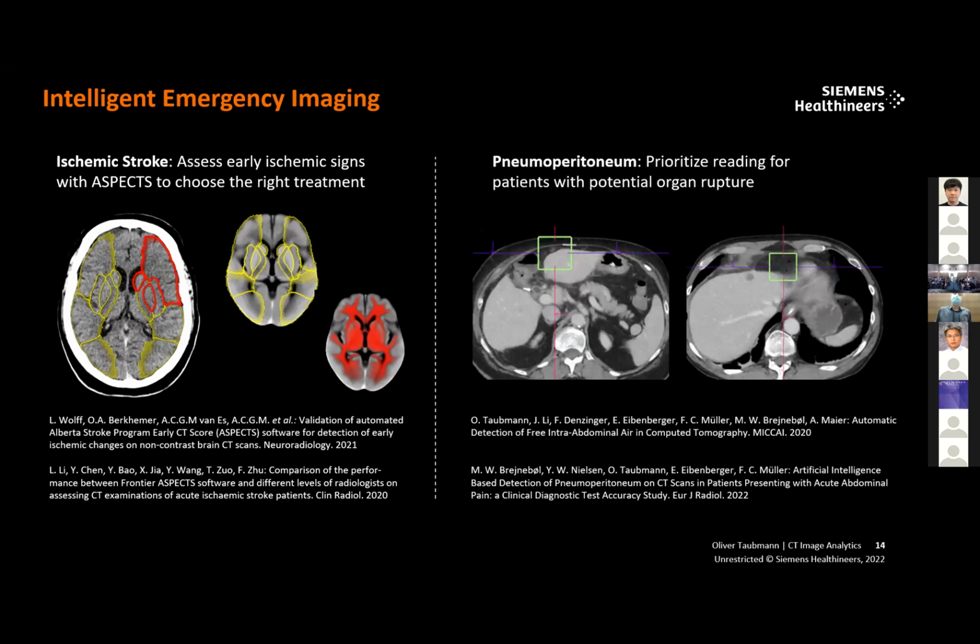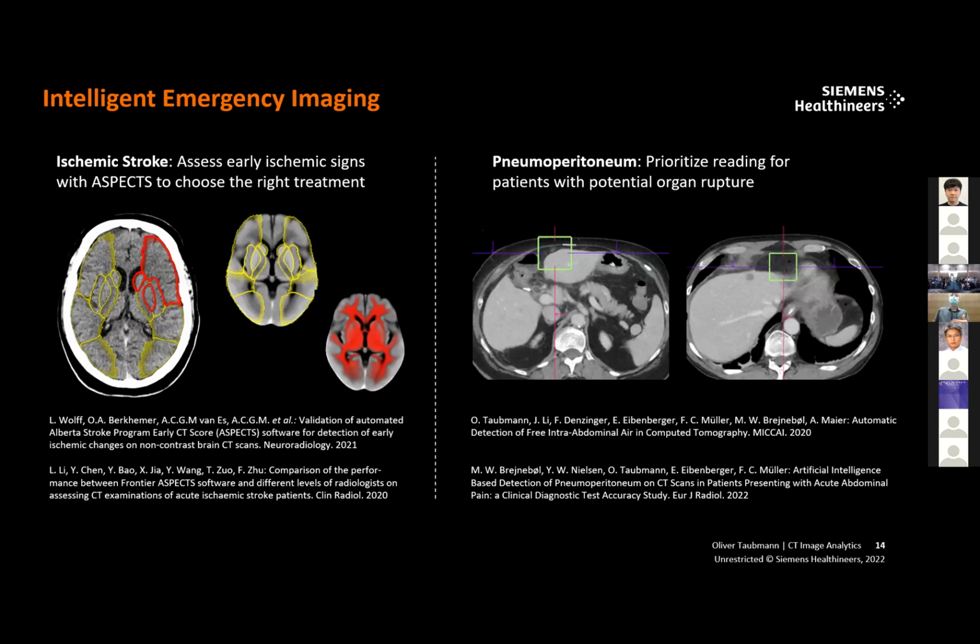Then there are other emergencies that are somewhat rarer, but also potentially very urgent. If you have, for instance, a rupture of an abdominal organ, the way you would typically diagnose that in CT is that you would observe little air bubbles that have leaked from that hollow organ into the intraperitoneal space, which we call pneumoperitoneum. And precisely because this is somewhat rare, it may not always be the first suspicion.